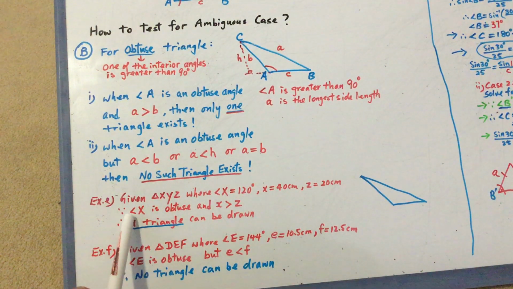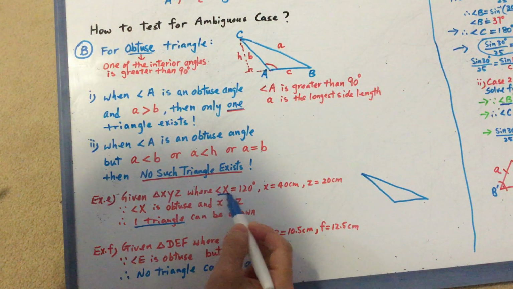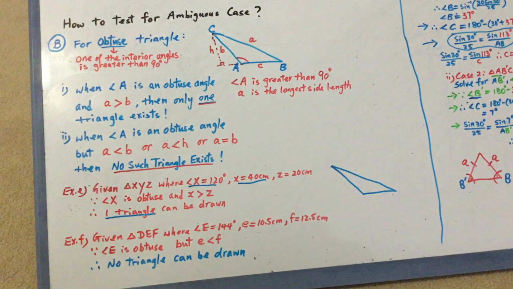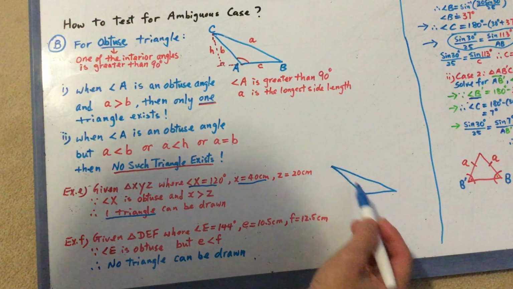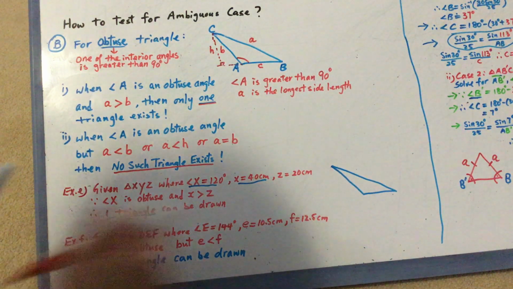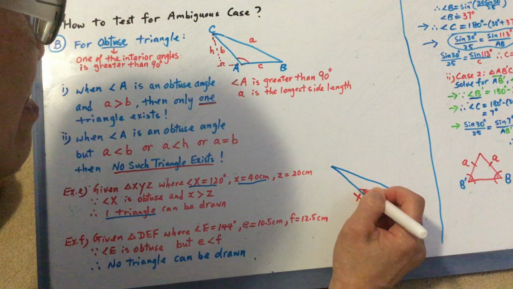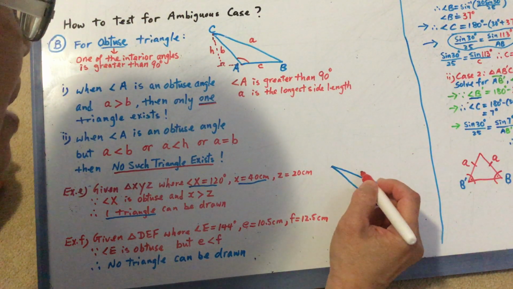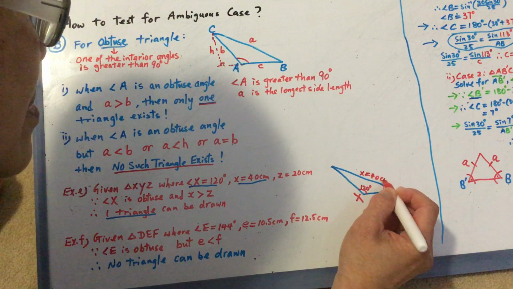Since angle X is obtuse, this is your known pair, angle X and the length X. When I'm creating this obtuse triangle, if I know that angle X is the obtuse angle, then I label this angle X with the 120, and the opposite of this must be length X, and this has to be 40 cm.